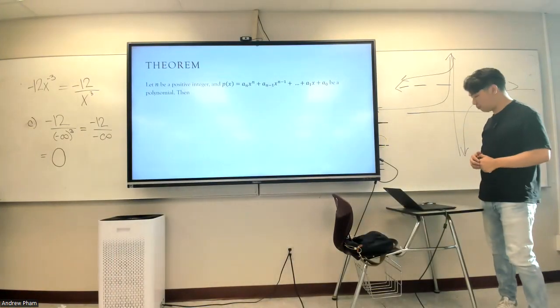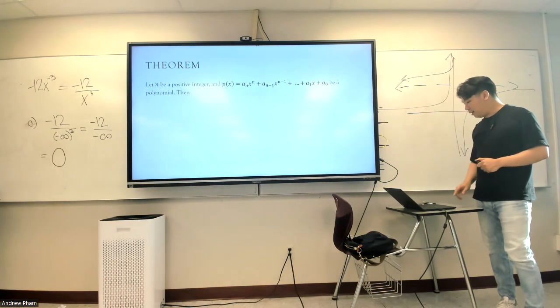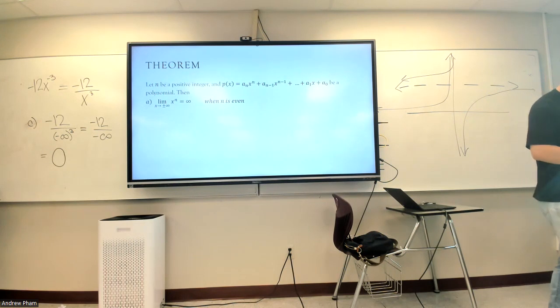So if you ever have a polynomial, then the first rule is that the limit as x goes to infinity or negative infinity, it doesn't really matter, of x to the n power is always infinity when n is even.